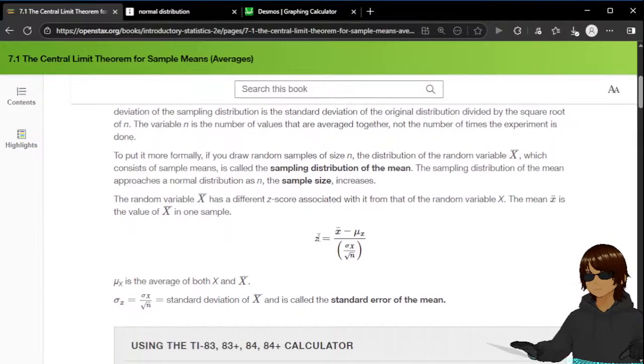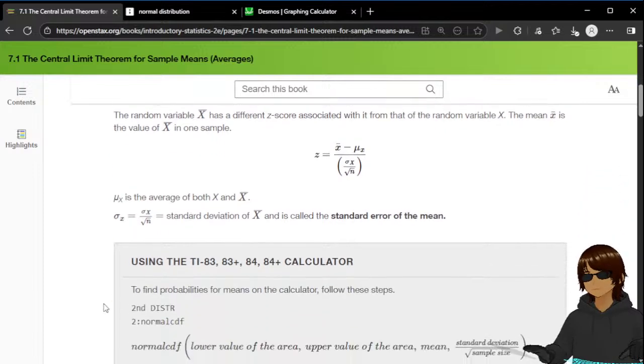Okay, this is going to bother me. Mu x is the average of both x and x bar. So sigma x bar, the standard deviation of x bar, is called the standard error of the mean.